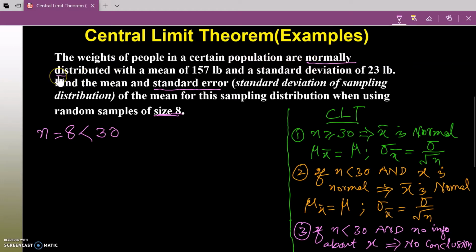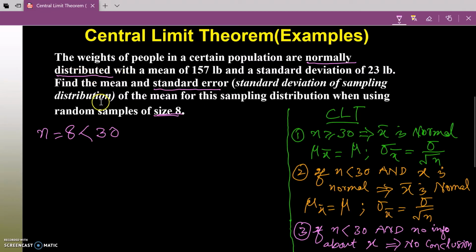It means our parent distribution, the distribution from where we are getting the sample, is called the parent distribution. I'm using this word in a loose sense. There is actually no parent and child distribution, honestly, but just to make the concept more clear and understandable, I sometimes use parent distribution and child distribution in a loose sense, but it's not a technical term. So the parent distribution happens to be normal.